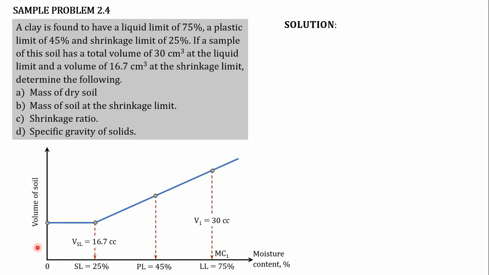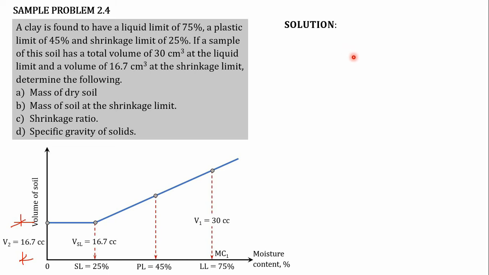So this is our volume of dry soil, and that is equal to 16.7 cc also. Got me, class? So the question here is, how do we get the mass of dry soil, or our M2?